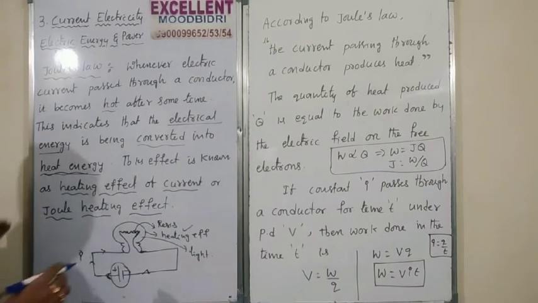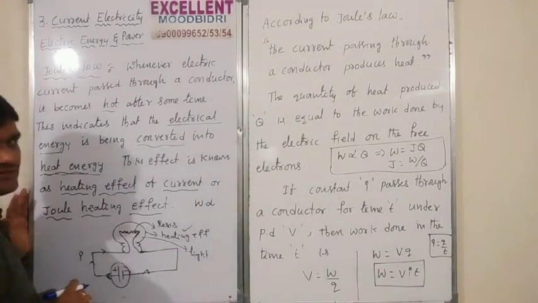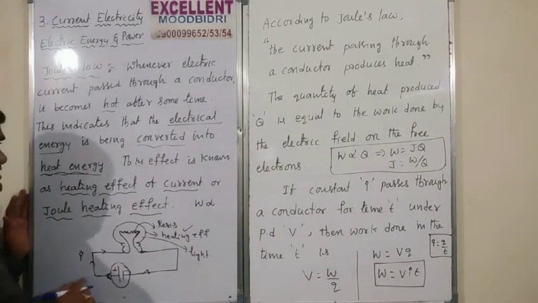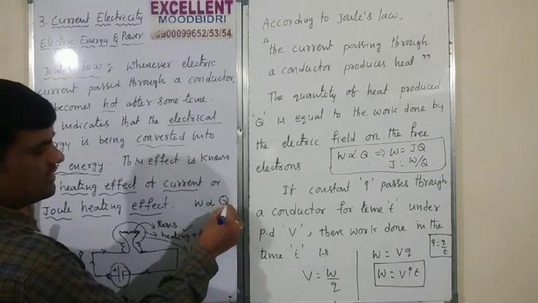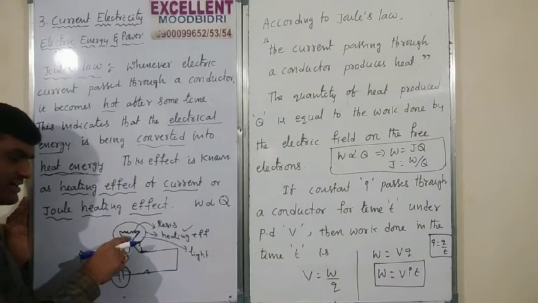This relation is given by Joule only. According to Joule's law, the amount of work done is directly proportional to the heat energy generated in the conductor.